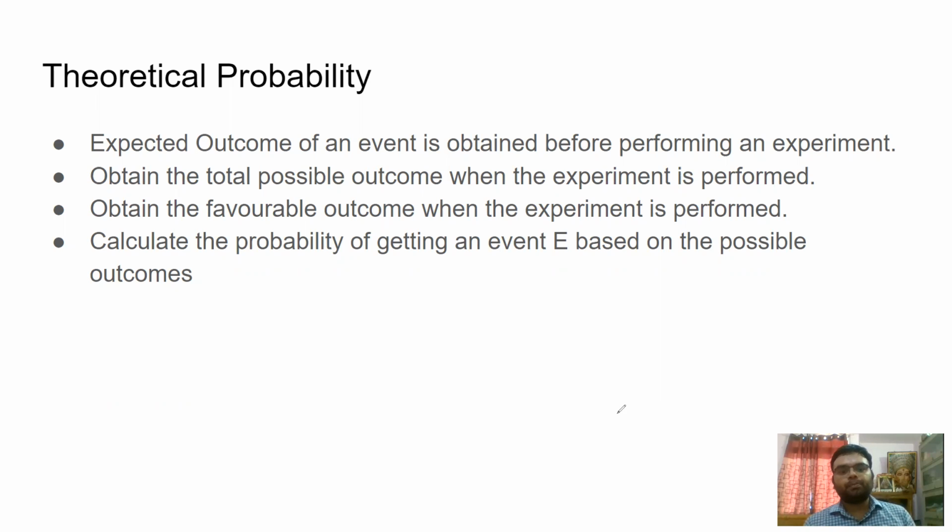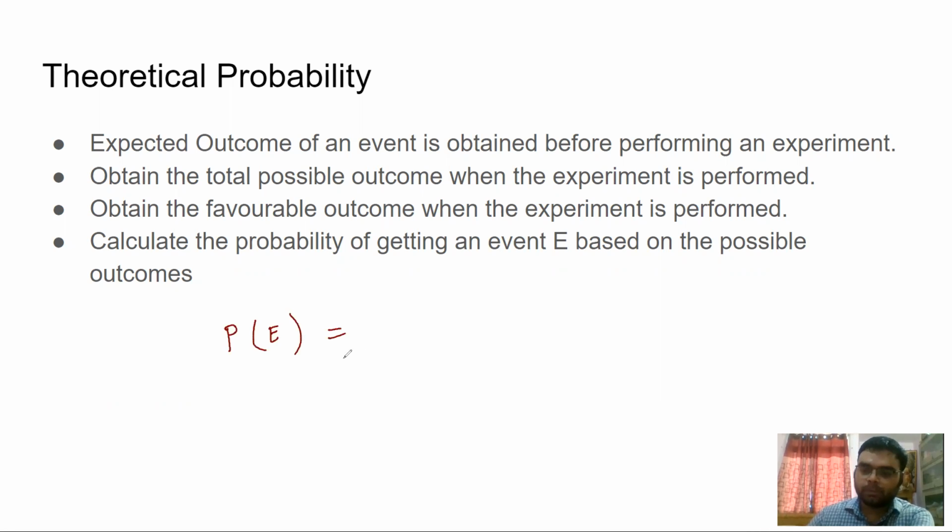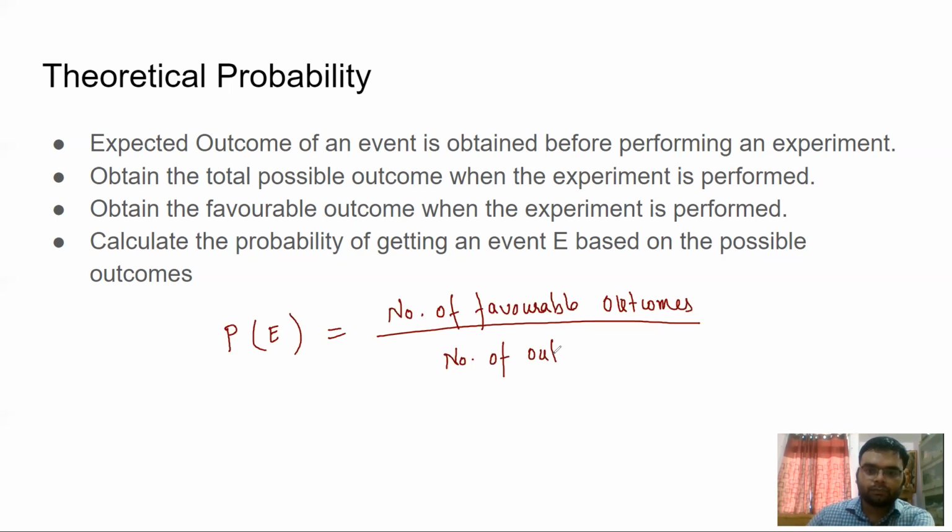From those we calculate the probability of getting an event E. So the probability of getting E in case of theoretical probability is the total number of favorable outcomes divided by the total number of possible outcomes.